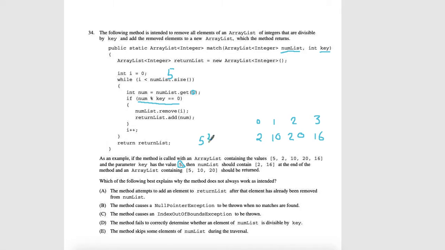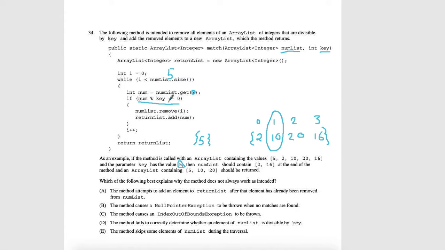So this is the contents of return list, and these are now the contents of numList. What then happens is we increment i by 1. i now becomes 1. That means we're going to check this index position right here. Is 10 divisible? Yes, it is.